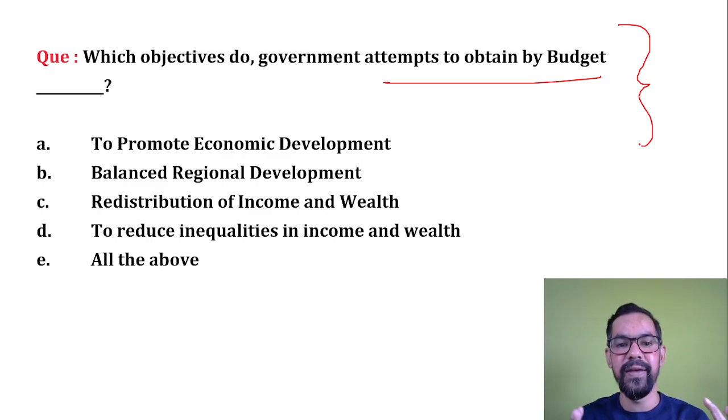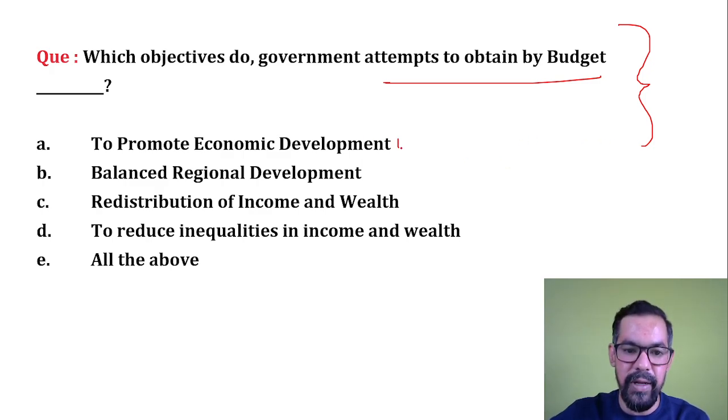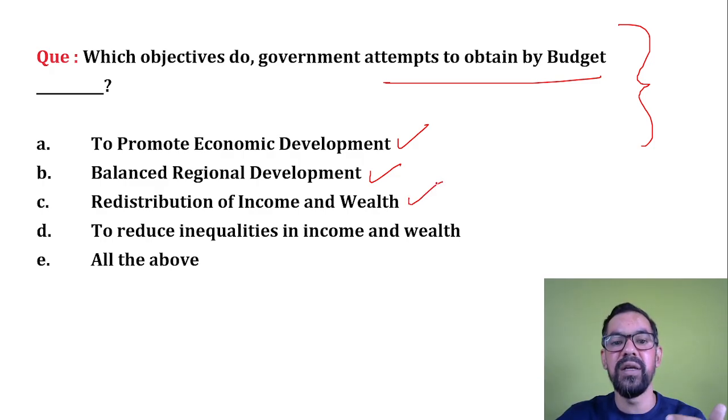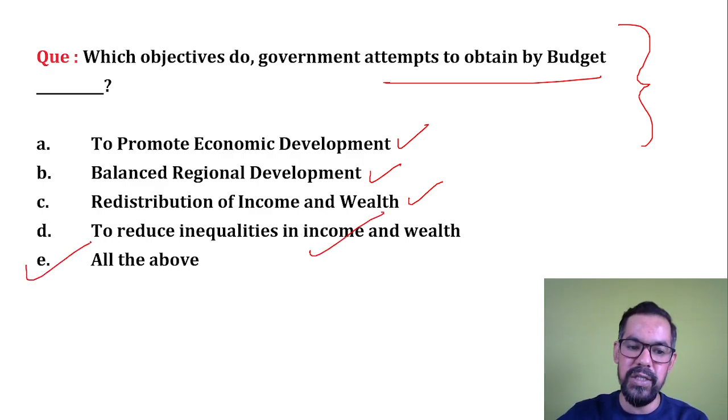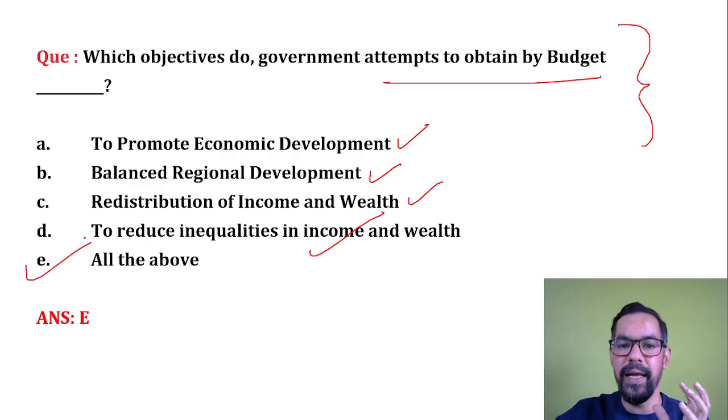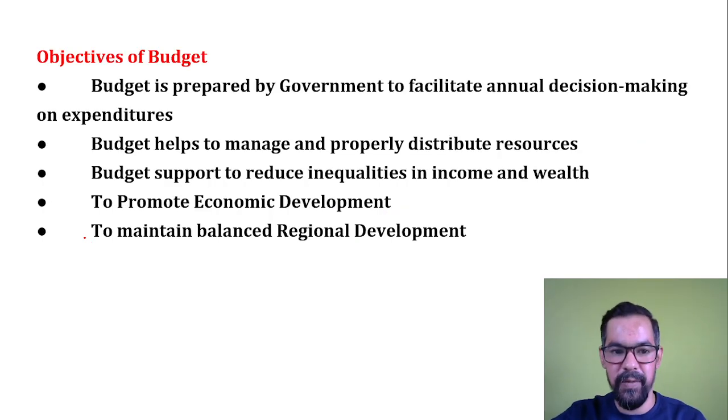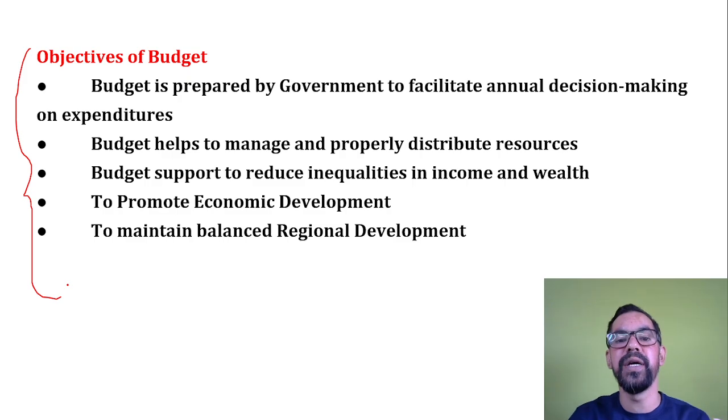Whenever government comes with budgetary documents, it has so many objectives: to promote economic development, regional development, redistribution of income and wealth, or the reduction in inequalities. So what will be the correct answer for this one? All of the above are the right answer. These are some major objectives which are generally obtained by budgetary documents presented by Government of India, right?